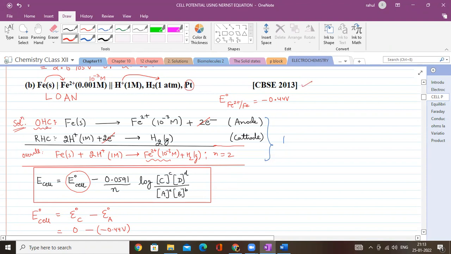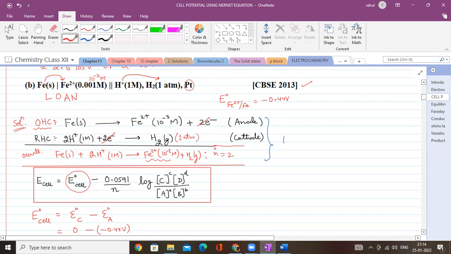Now, if I write down the oxidation half cell, which is at anode, iron in solid goes into Fe2+ 10 to the power minus 3 molar plus 2 electrons. This is at anode. And the reduction half cell: 2H+ gain 2 electrons to become hydrogen in gaseous state, which is 1 atm.